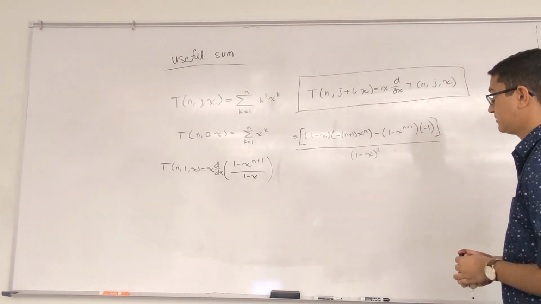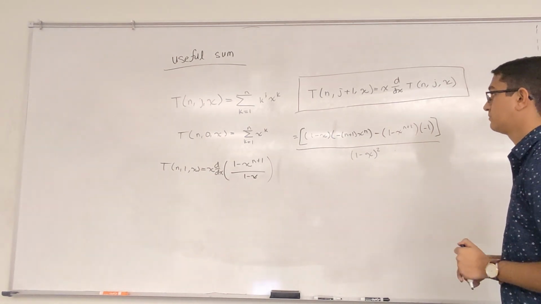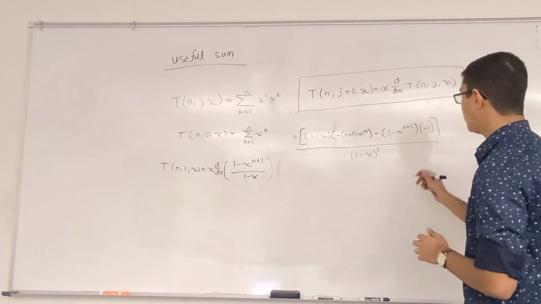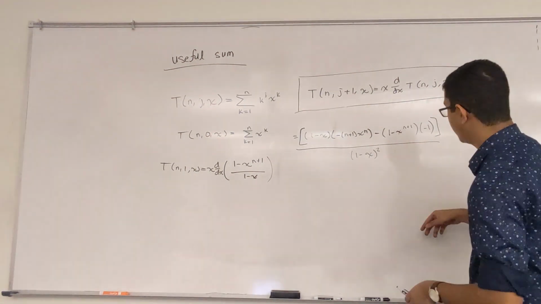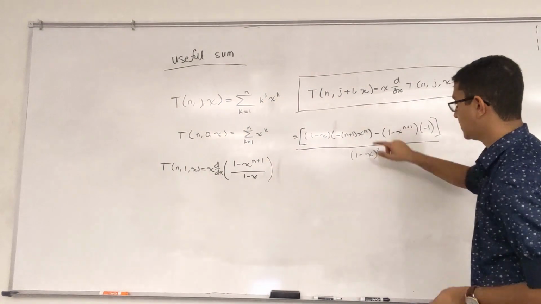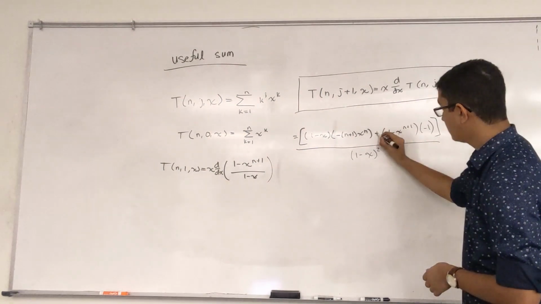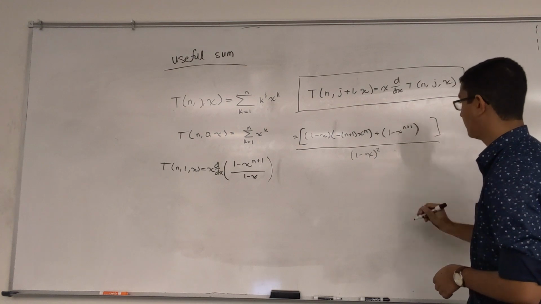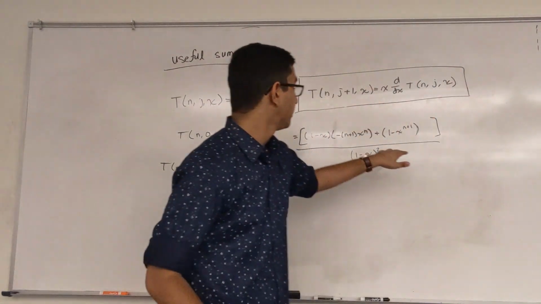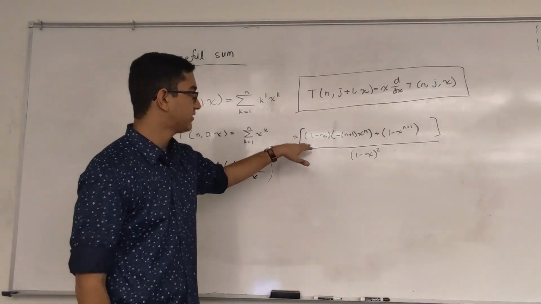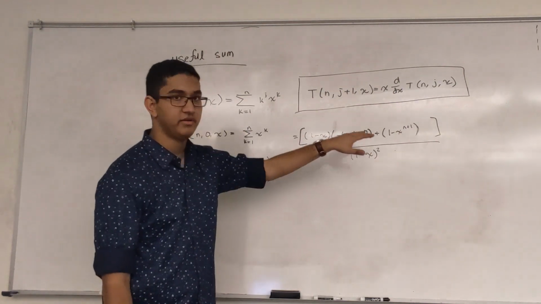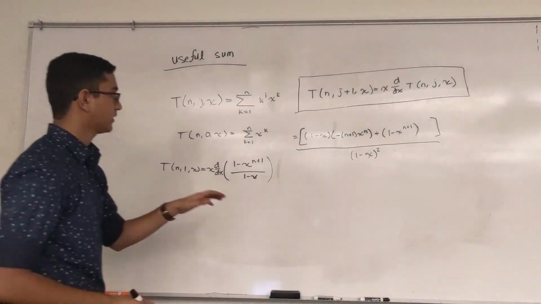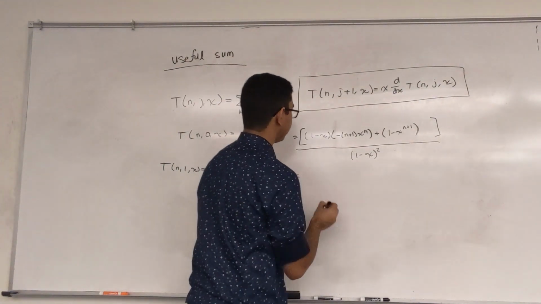Now what we can do is start doing some manipulation with the algebra. First of all, just a quick simplification. We have a -1 here, so I can make this a plus sign and remove that, if that makes sense. So this is the derivative, and now we just want to simplify it.